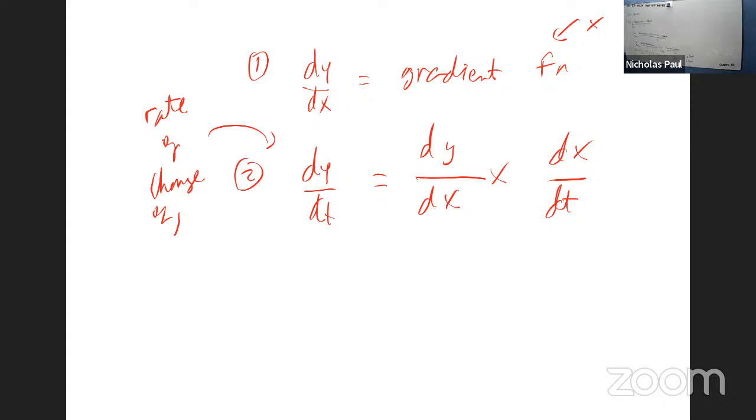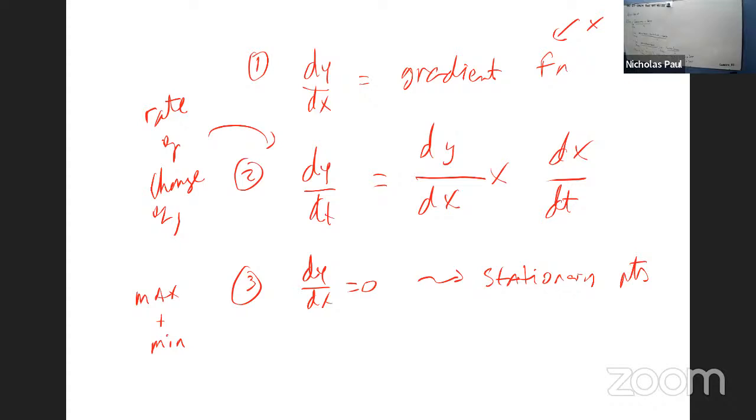Then the one that's the most popular is max and min problems. So if you put dy dx equal to 0, what do you find? Stationary points. Differential equations is a whole new thing, when you have to solve a differential by integrating.